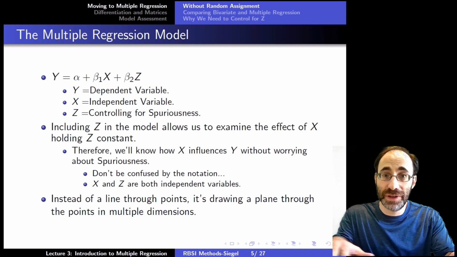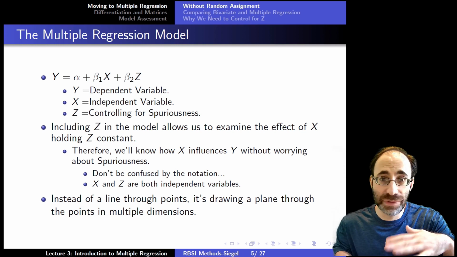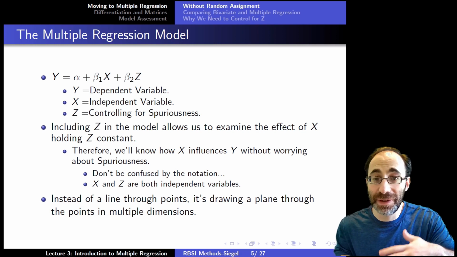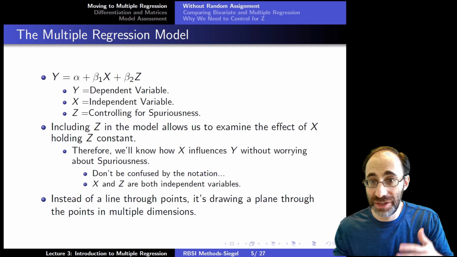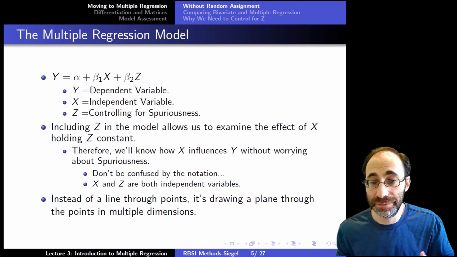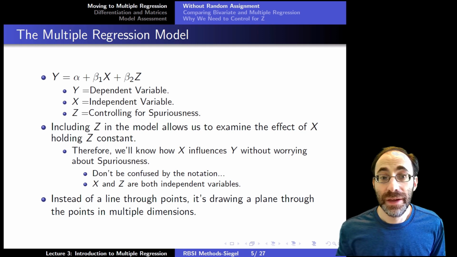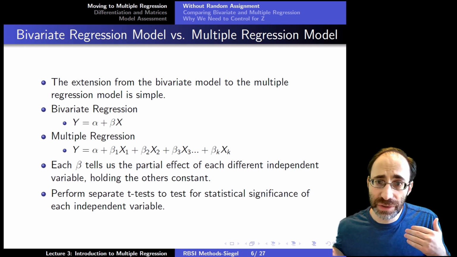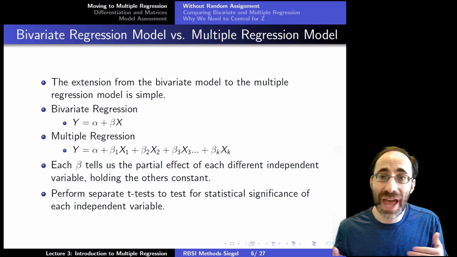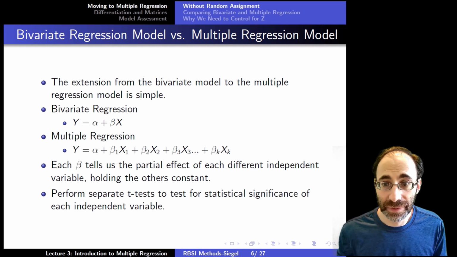So a plane here is just a two-dimensional surface in some higher dimensional space, three-dimensional space here, and we fit that plane to minimize the square distance between the plane and the data points, the sum of the square distance. Okay. So again, it's a fairly straightforward extension by just adding more variables.